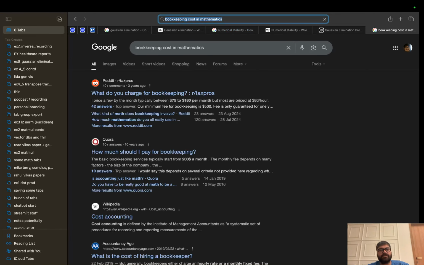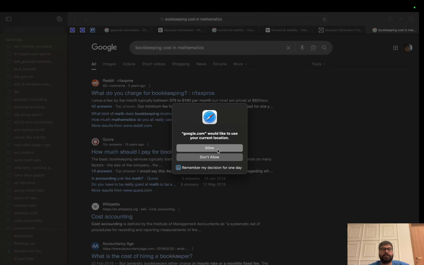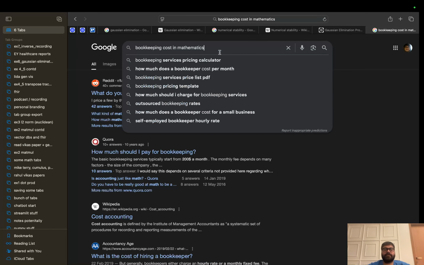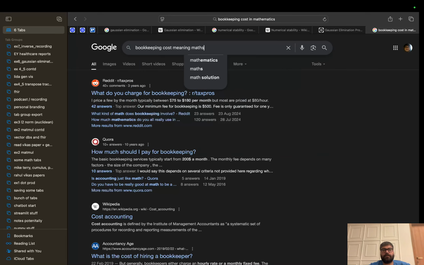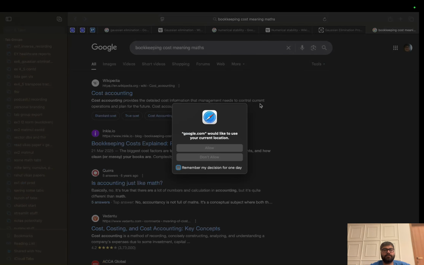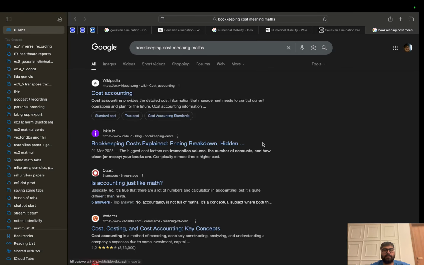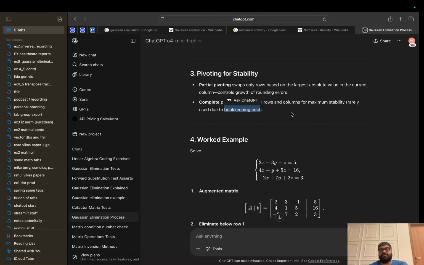Let's see if there's... Okay, never mind. I'm just getting tax stuff. But that's what I'm assuming they mean by bookkeeping costs.